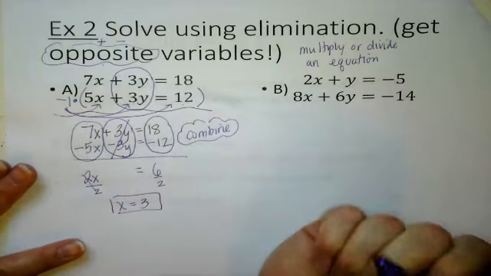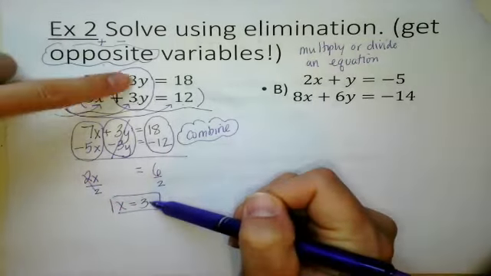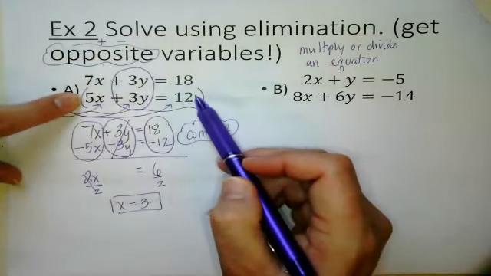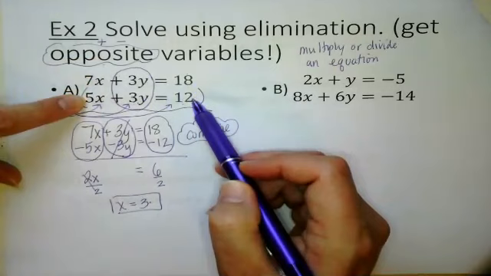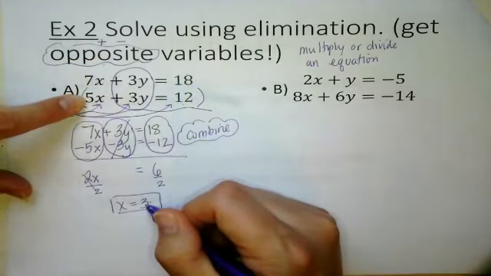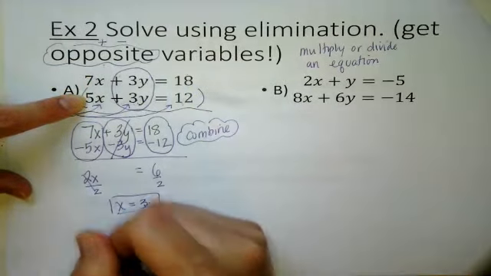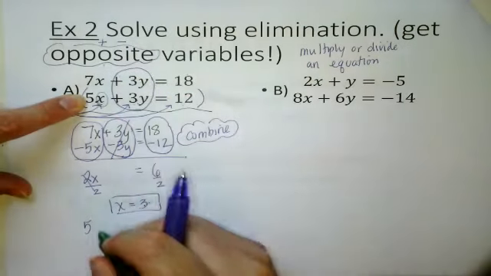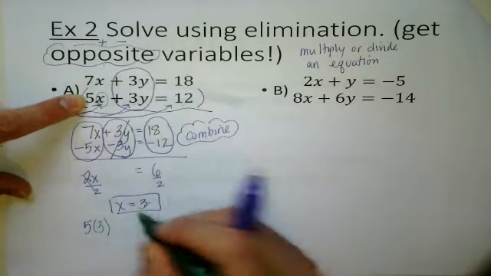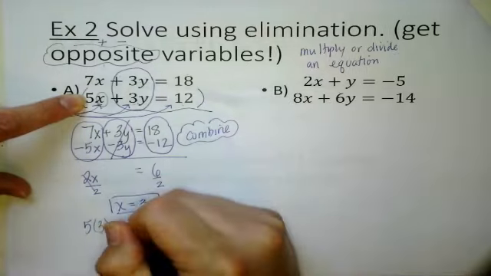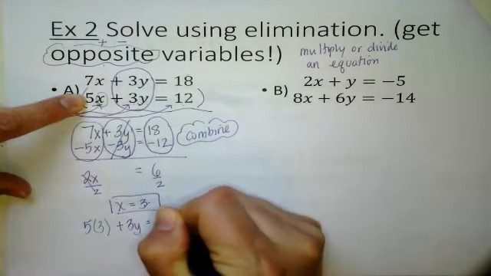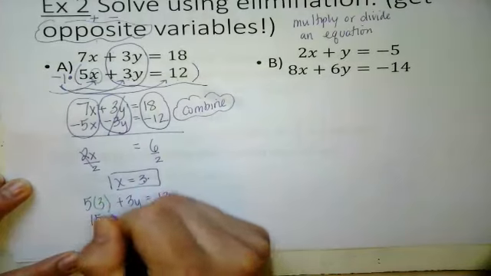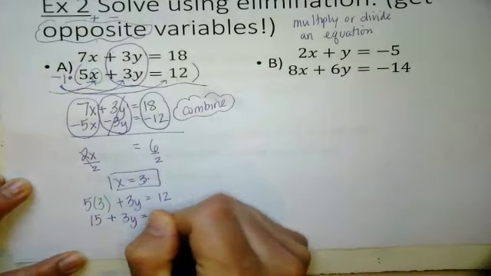Now, we're not done because we still have to figure out a y. So we're going to take either equation, top or bottom, it doesn't matter. I'm going to go with the bottom equation because the numbers are smaller. And I'm going to substitute in my value of 3. So I have 5, and then in place of the x, I'm plugging in our 3 value, plus 3y equals 12. So 5 times 3 is 15, plus 3y equals 12.